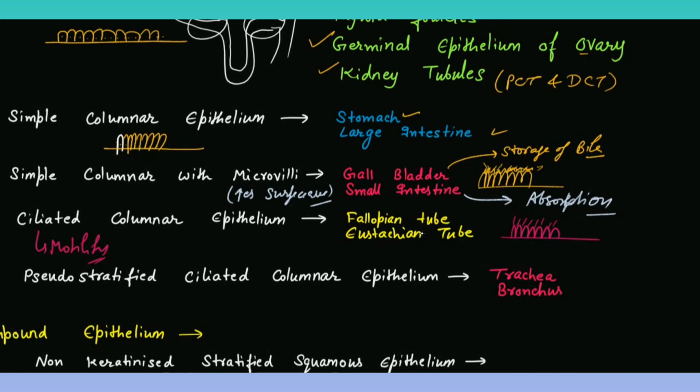Did you see any animation of the fallopian tube? You will see loads of cilia that move the ovum from the infundibulum to the ampulla and into the fallopian tube. Same in the eustachian tube, we have loads of cilia. That's why it is simple ciliated columnar epithelium.